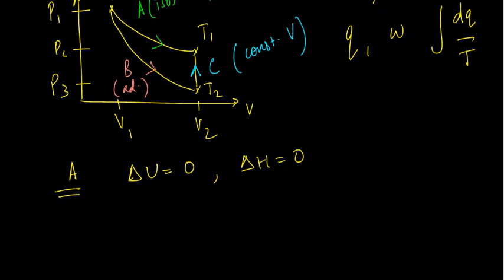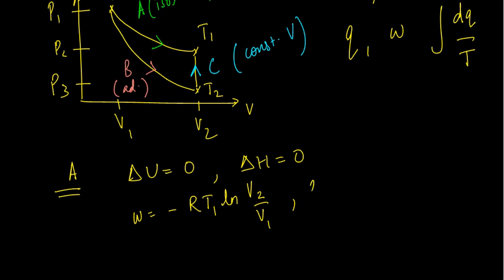Work done is minus RT log V2 by V1. T is T1, right? Then what else do we need?